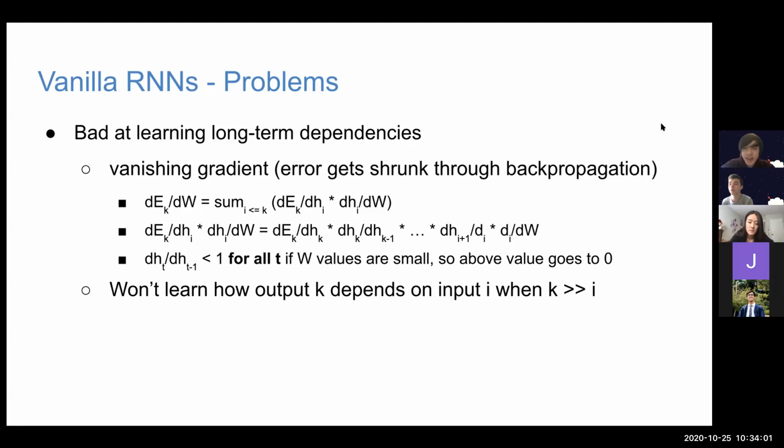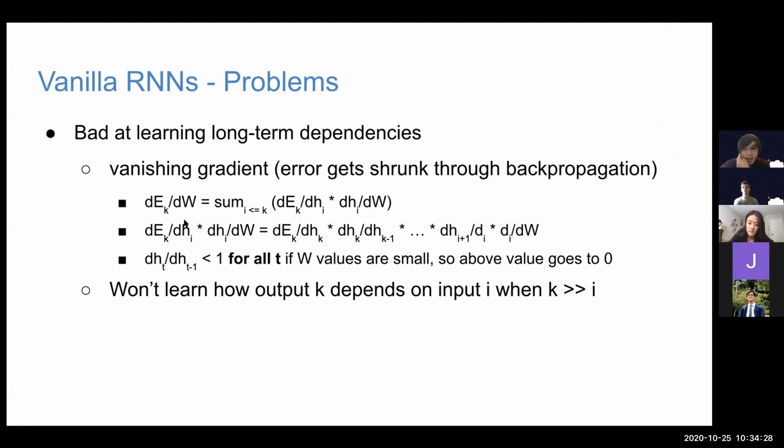The idea behind vanishing gradient is that when you're back propagating the error in order to update your weight matrices, the gradient gets shrunk through each time step. For example, if you were back propagating the error at time step k, then you want to calculate the derivative of the error at time step k with respect to the weight matrix, right?